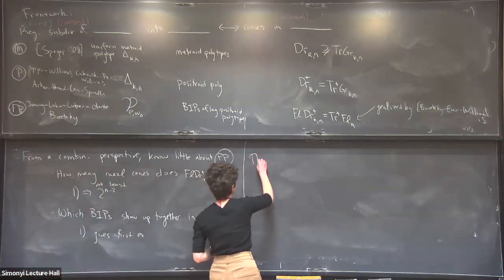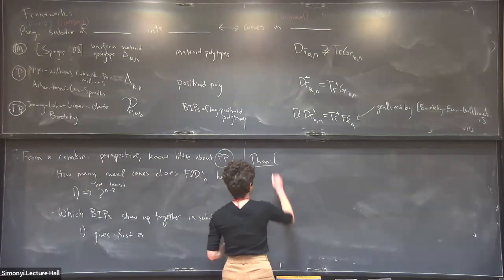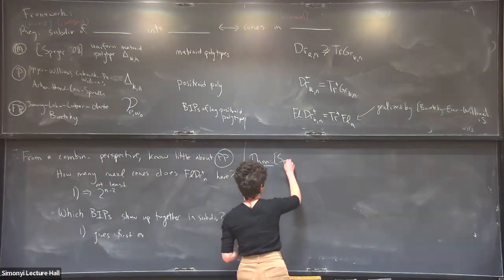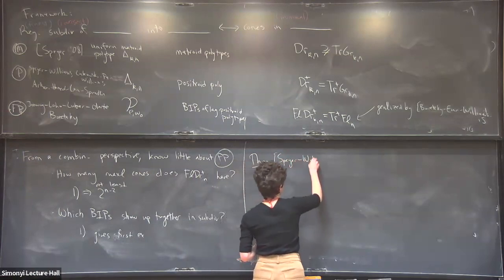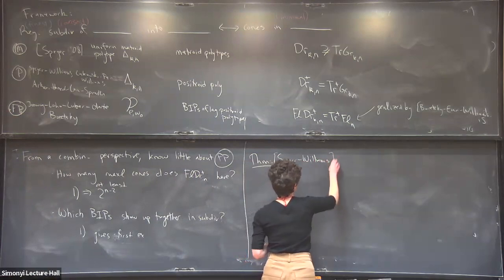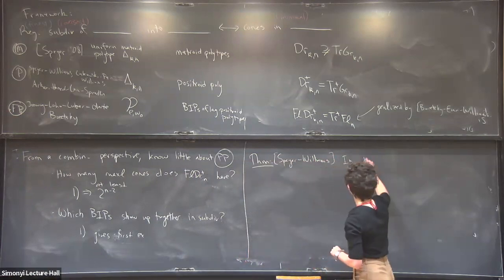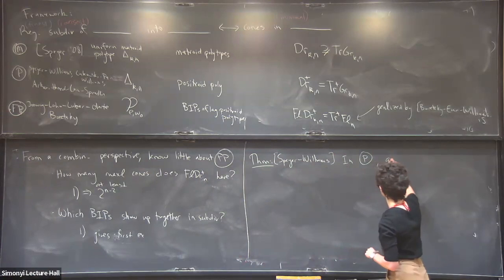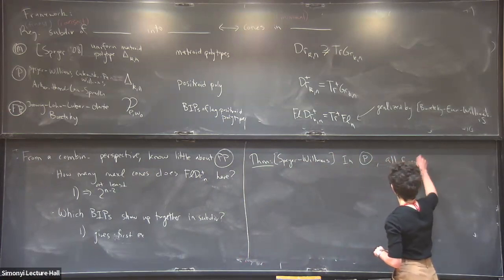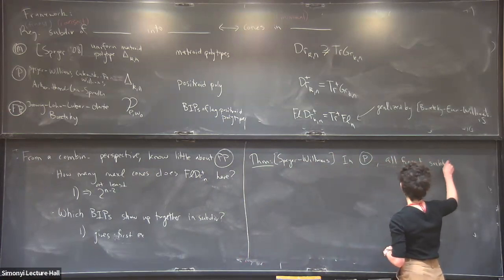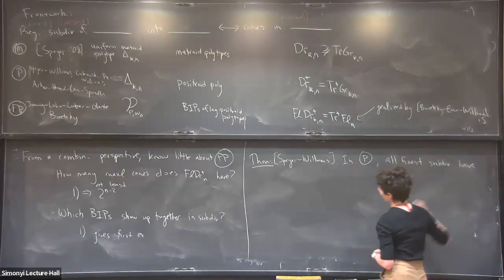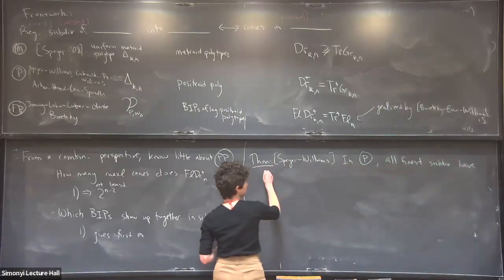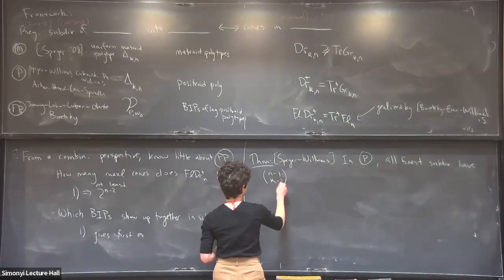So this is the theorem of Sherman-Williams, which is that in the positroid setting, all finest subdivisions have the same number of maximal cells. I think the number is n-1. Oh, shoot, n-2 choose k-1.